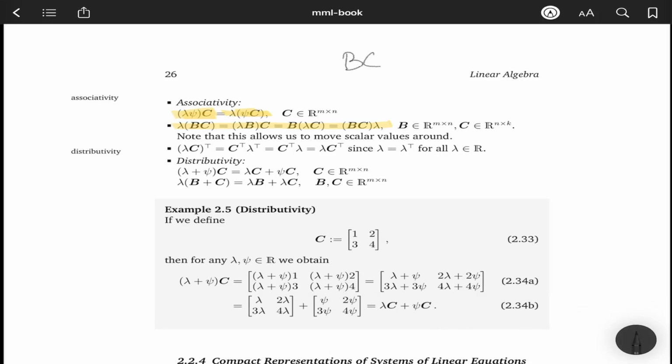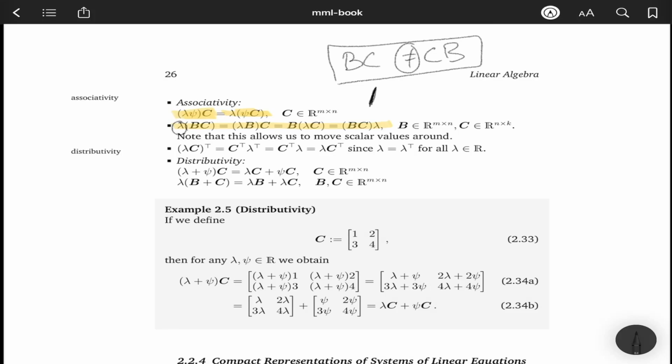So let's remember, B times C is not always equal to C times B. It can be in case it's an inverse, but in case it's not, which is most of the times, then the order is important. But this is just for us to remember.